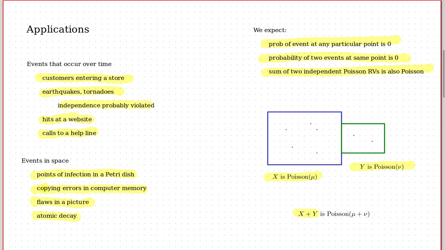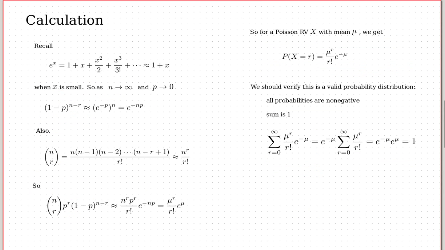The combination of blue box and green box is going to behave like just a larger Poisson process with a bigger mean. Now we would expect the average number of events to be mu plus nu, but apart from that, we would expect it to behave like a typical Poisson distribution. So we'd like to verify all these things after we do our calculation. Okay, so let's do the calculation.